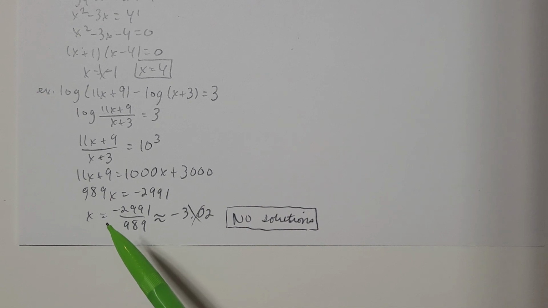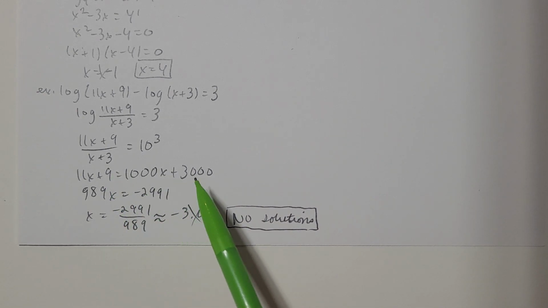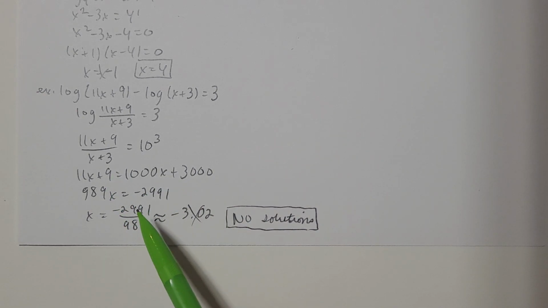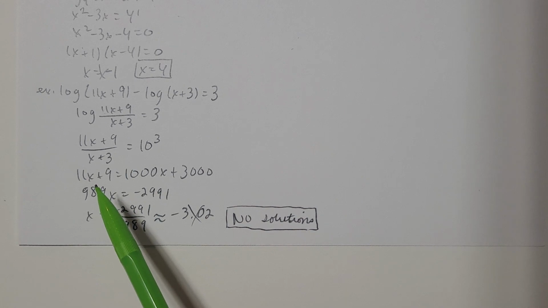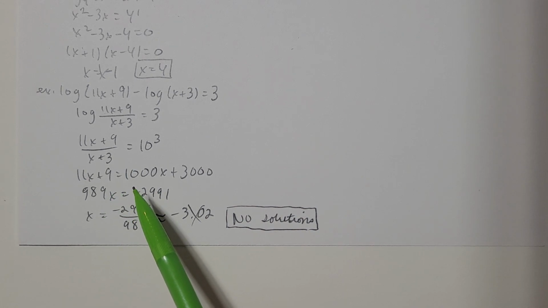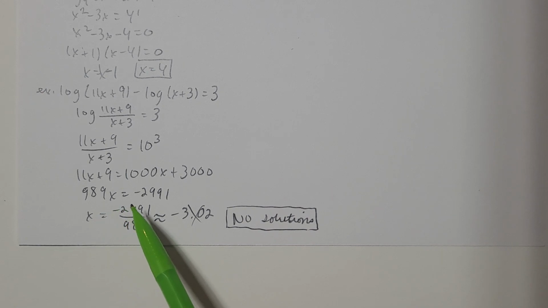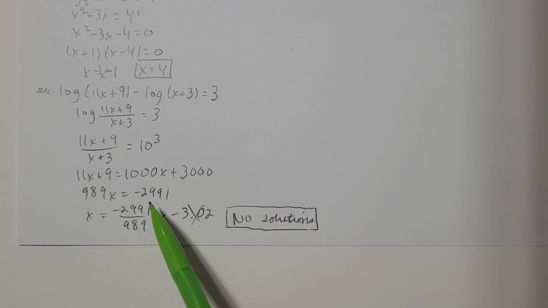So with that said, 9 minus 3,000 would be negative 2,991. And then I'm also subtracting 11x from both sides. 1,000x minus 11x is 989x. Okay, so I got 989x equals negative 2,991.